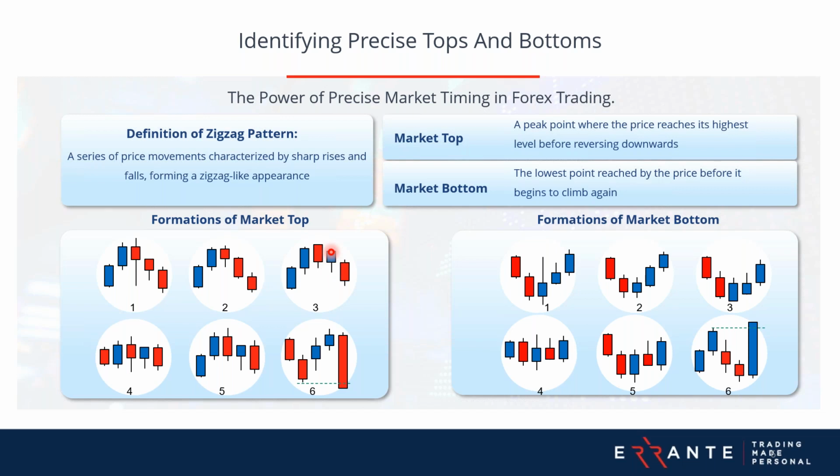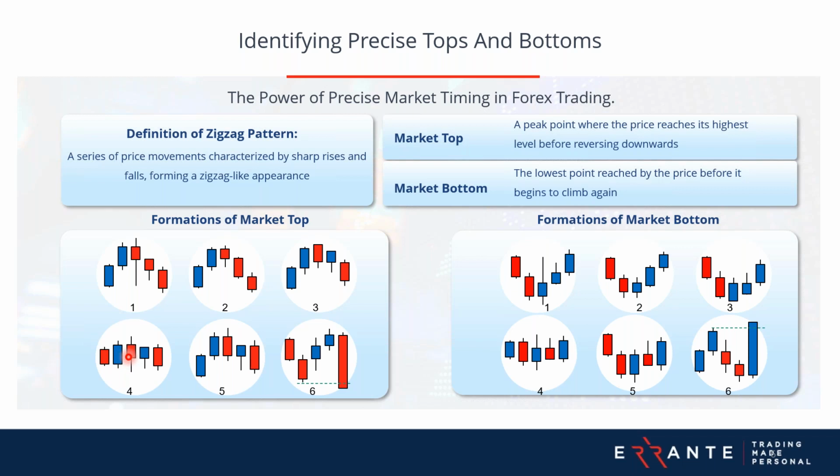Sometimes we have a bullish candle afterward, but it comes in a lower top. You might also see a range of candlesticks where none of these candles has the lowest low, so it could be a bit difficult to identify the market top here.